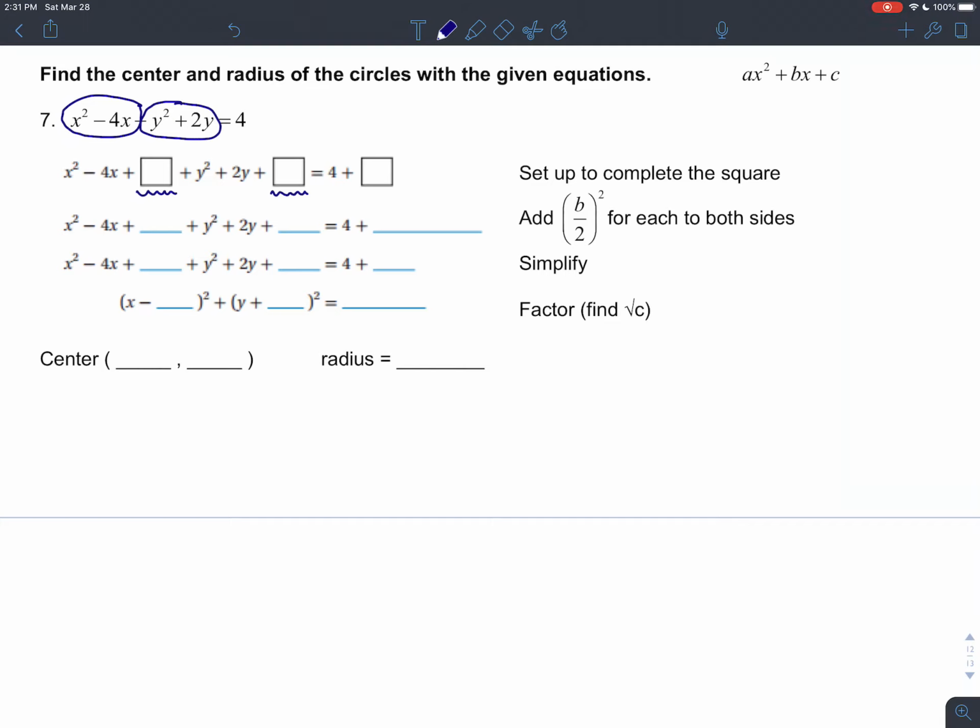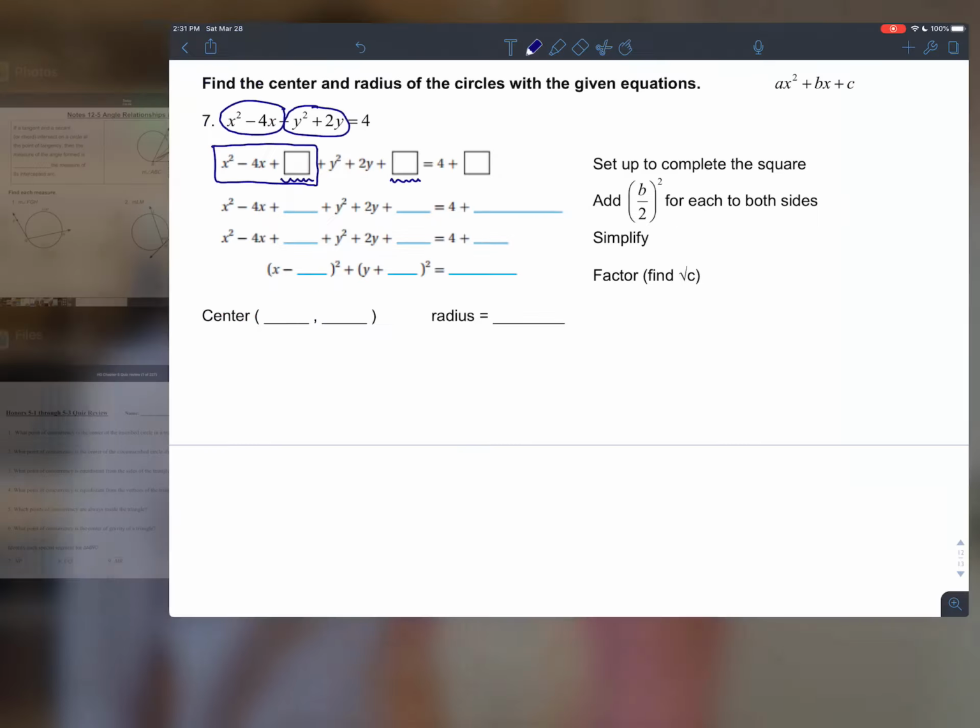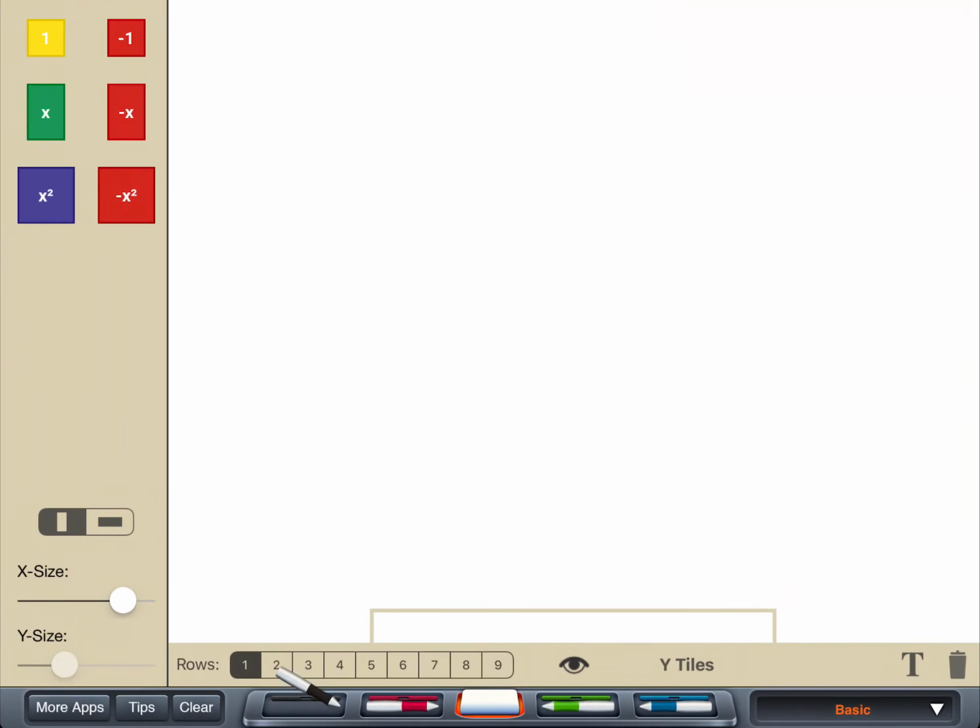Okay, so let's see. Let me just show you this part. So x squared minus 4x plus blank.